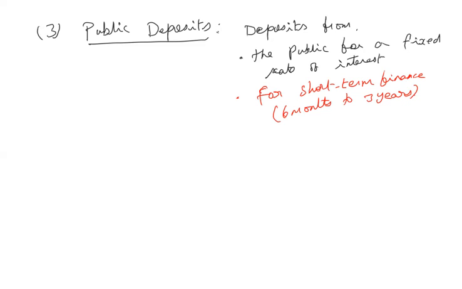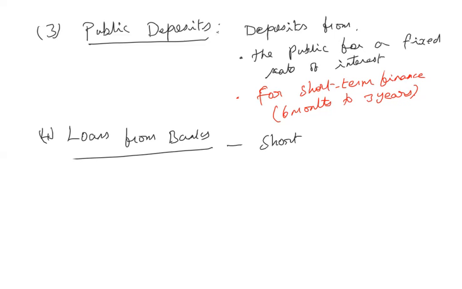And the fourth one is they can obtain loans from banks and other financial institutions. So basically, the short-term loans are made by the commercial banks. Normally the commercial banks don't prefer to lend loans for the long term, and they also don't prefer to invest in the shares of the company. So they lend mostly short-term credit.